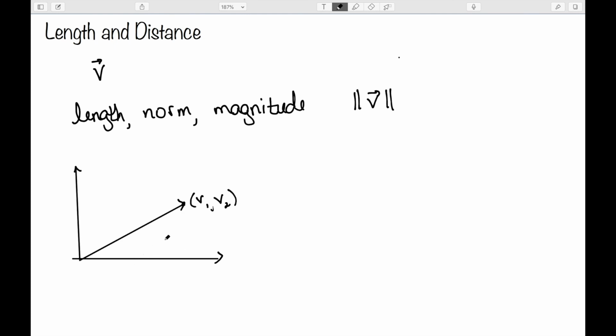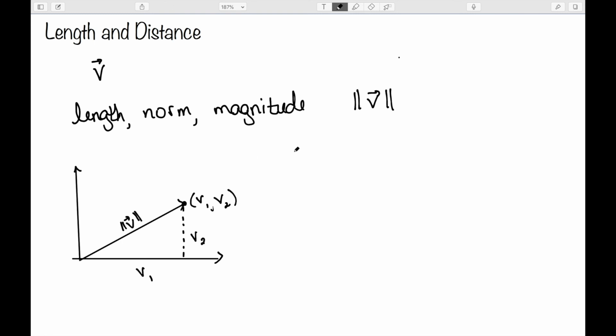Let's think of a vector in R2. So we know we like to think of vectors as starting at the origin and then having our terminal point, which I'm going to call v1, v2. Well, from this, we can actually use the Pythagorean theorem to determine the length of this vector. So the length of this side is just the value of x. The length of this side is the value of y.